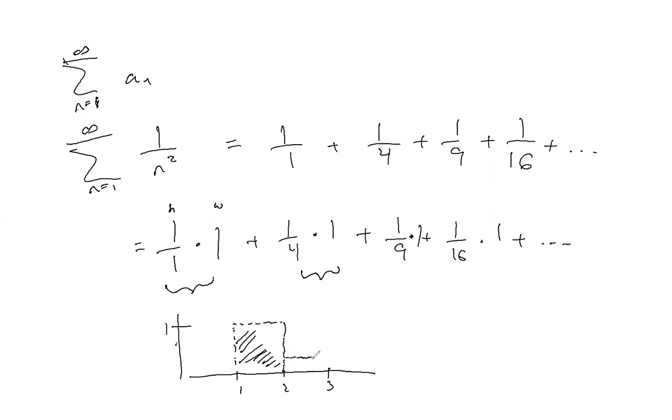So something like this. And then the next term would be a rectangle with height 1/9 and width 1, and so on. And then I'm adding all these rectangles together.